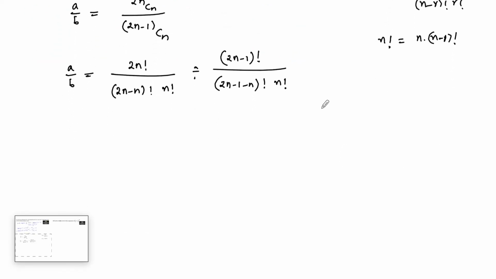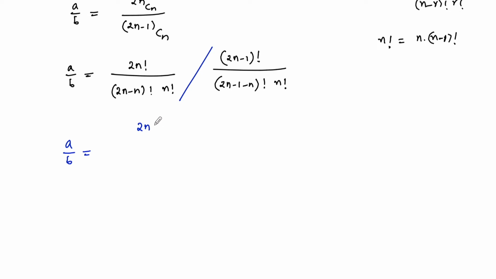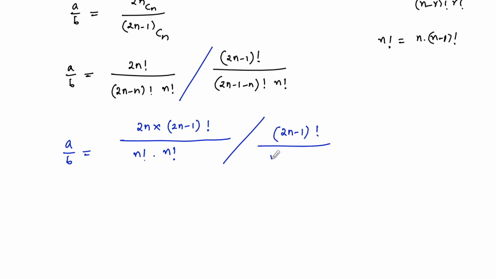Let us simplify this. a/b = [2n (2n-1)! / (n! n!)] divided by [(2n-1)! / ((n-1)! n!)].